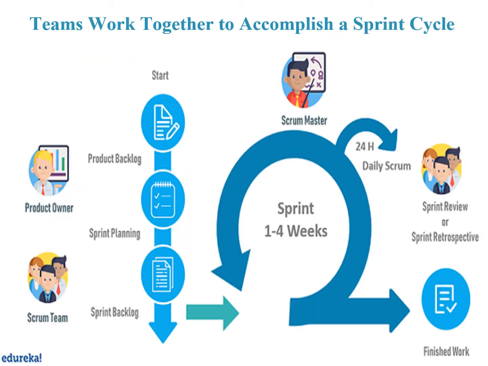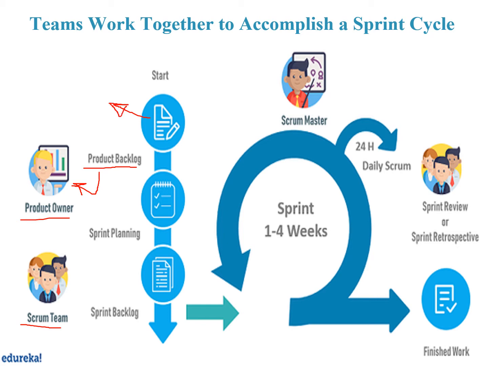So here we have a summary picture of all the tasks and also the phases, and those who are participating in the Scrum framework. We have the product owner and the Scrum team. The product owner starts by creating the product backlog, and we say that these are the features and specifications of the product.